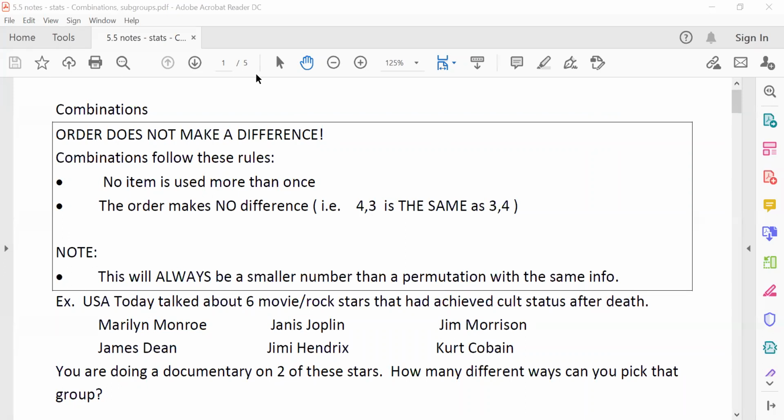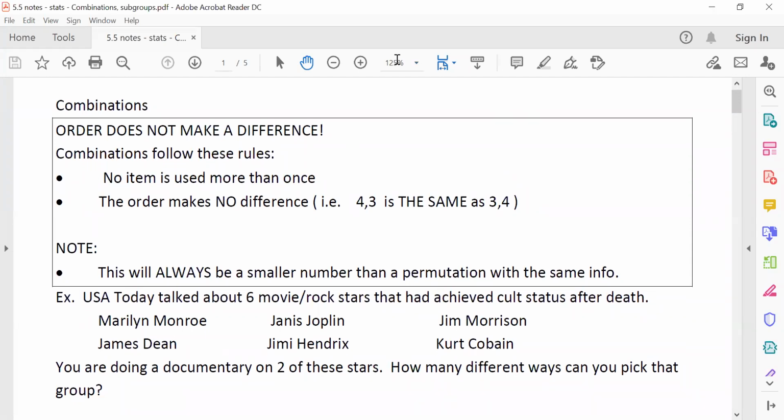And so that's really going to be the key difference here. In a combination, the order doesn't matter. Instead of using P, we're just going to use C. So for instance, you could do 20C3.